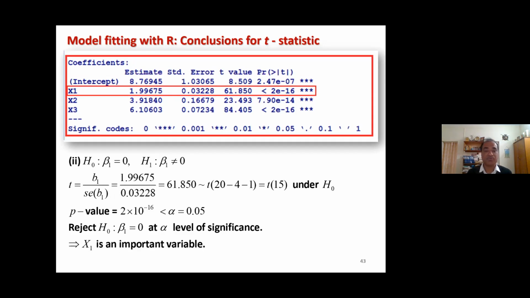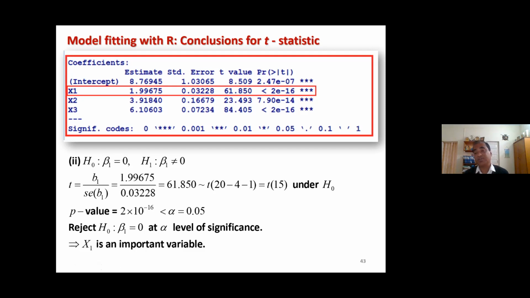Similarly, if you come to the second row corresponding to x1, you can see here 61.850, which is the value of the t, and then the p-value here is 2 into 10 to the power of minus 16. So once again, it is smaller than alpha.